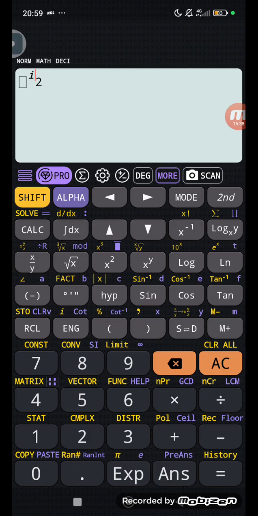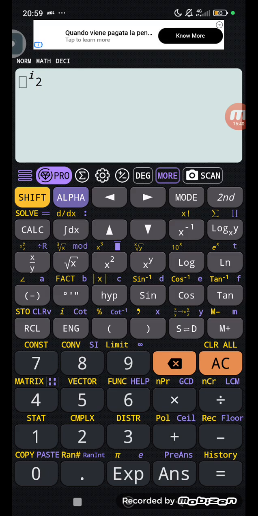What is 2 tetrated to i? That is actually pretty easy. So you want to have the real and imaginary part, 0 plus i, which is just i, and then we use the same thing.